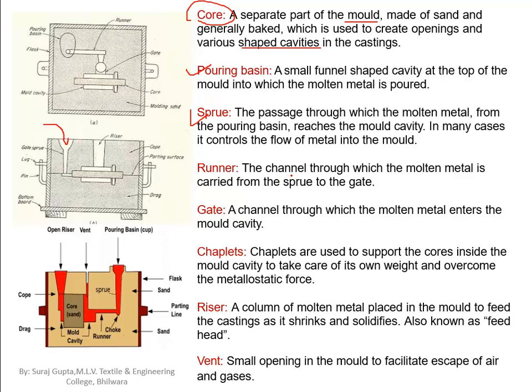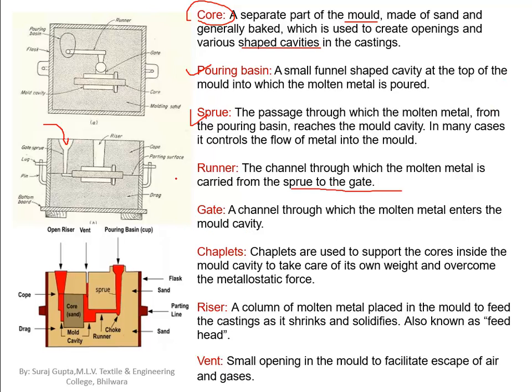So the runner is the channel through which the molten metal is carried from the sprue to the gate. Next is the gate. A gate is a channel through which the molten metal enters the mold cavity.